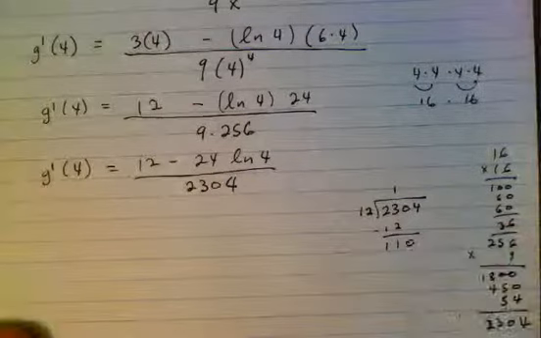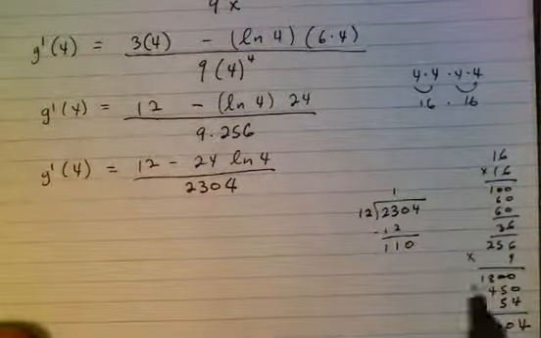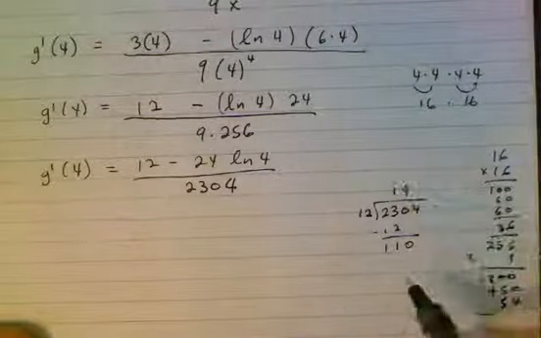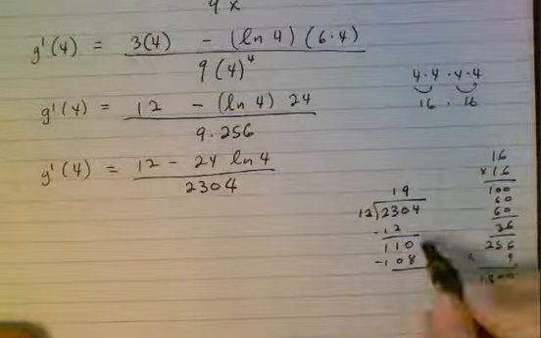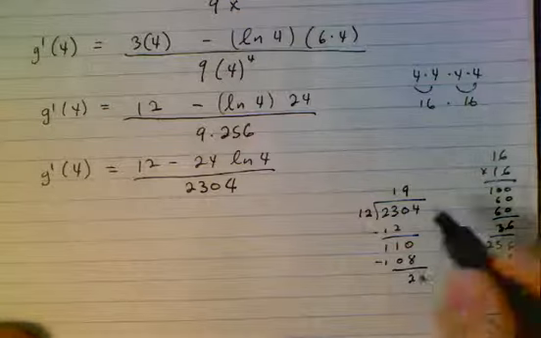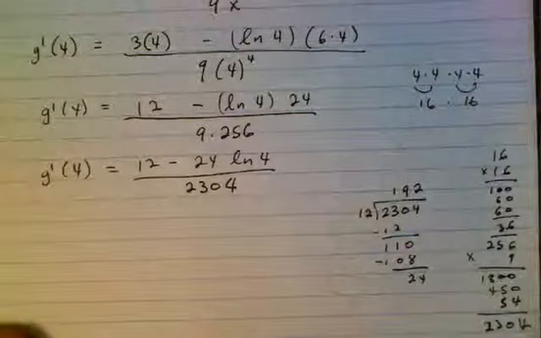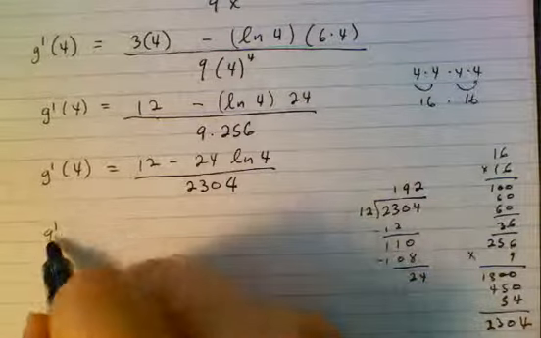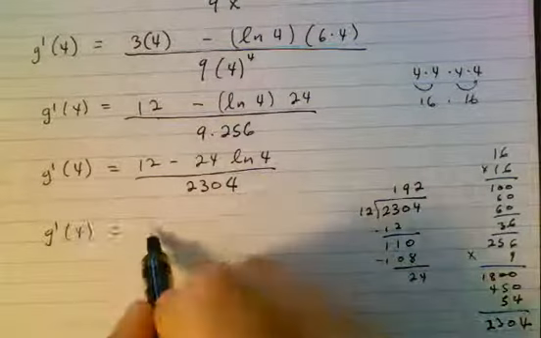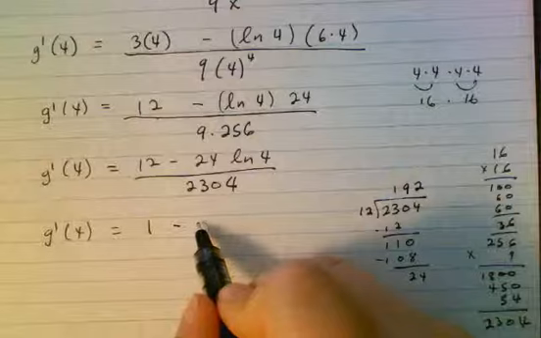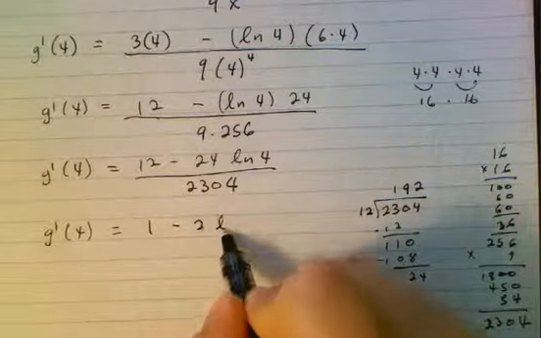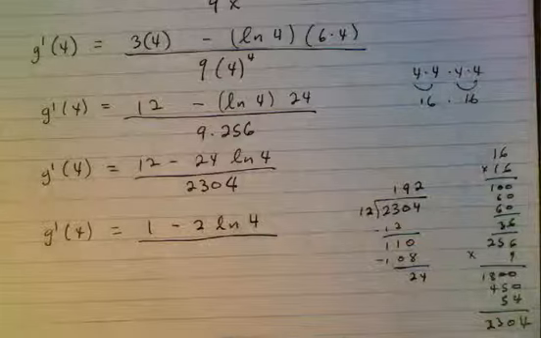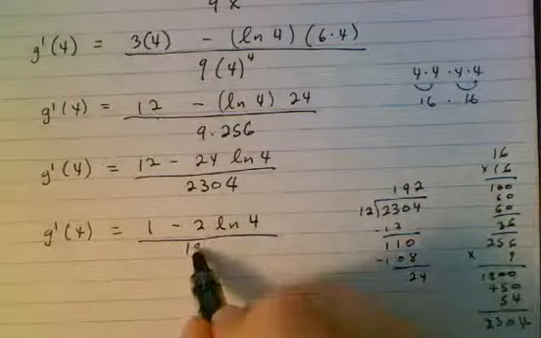Bring down the 0. 12 goes into 110 9 times, so minus 108. Bring down the 4. 12 goes into 24 twice, 192. So this is nice. 12 is divisible by 12, so that's going to give us 1. 24 is divisible by 12, that's 2 times the natural log of 4. And then 2,304 divided by 12 gives us 192.